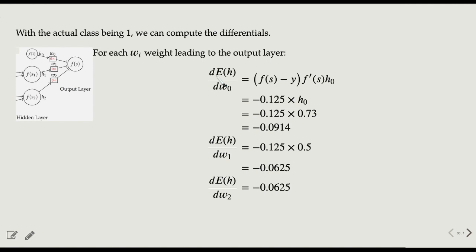So the derivative of the error at the output with regard to each weight. The derivative of error with regard to W0, for example, can be computed by f(s) minus y times f prime S, which is what we computed just now, minus 0.125, times H0, which is the value from the hidden node 0, which is the bias, 0.73.